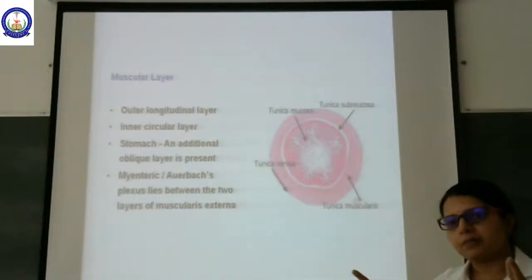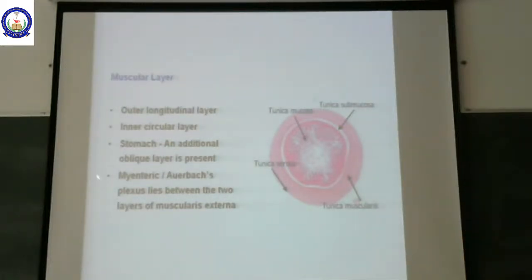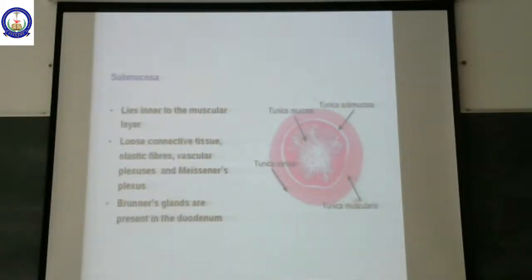If the nerve is cut, the muscle is not going to function. So there are two different types of plexuses. One is the myenteric plexus, also called Auerbach's plexus, which lies between the two layers of the muscular layer.